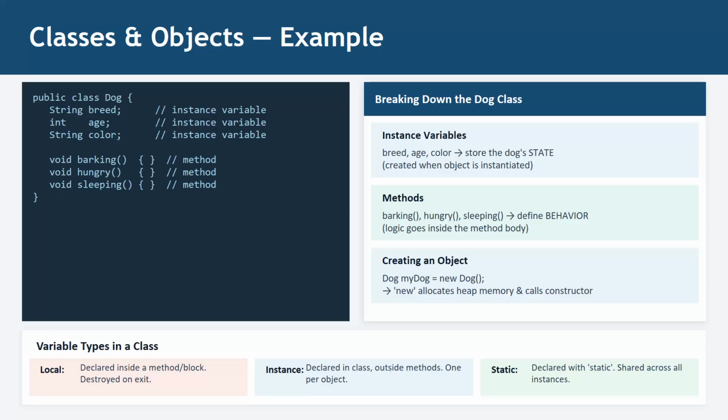Local variables are declared inside a method or a block. Instance variables are declared in a class outside the methods, one per object. And then we have static variables, which are declared with the static keyword and are shared across all the instances.